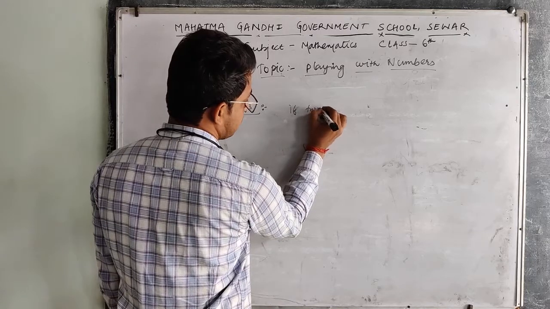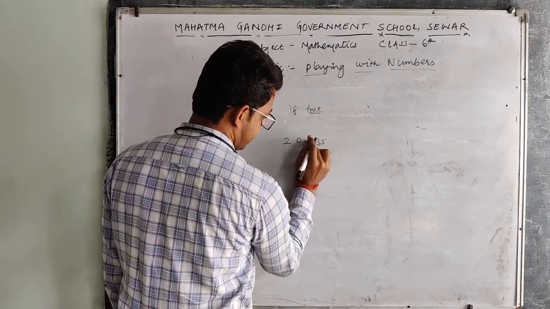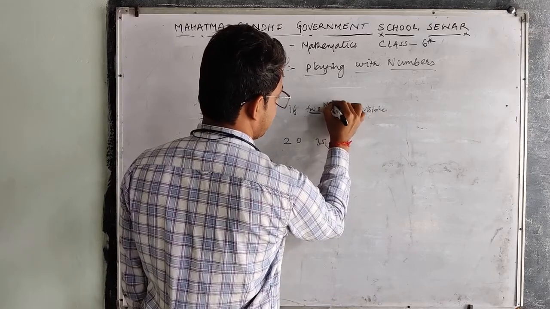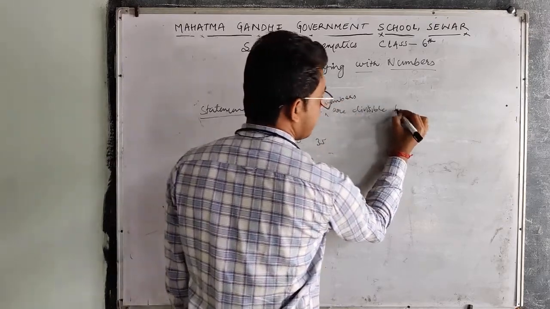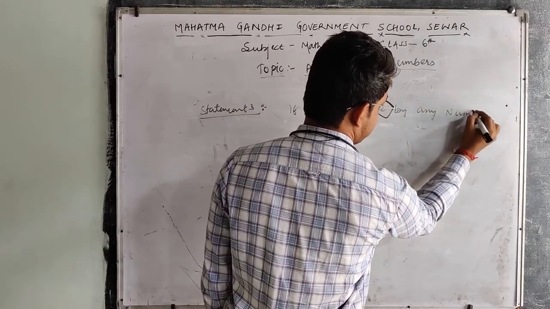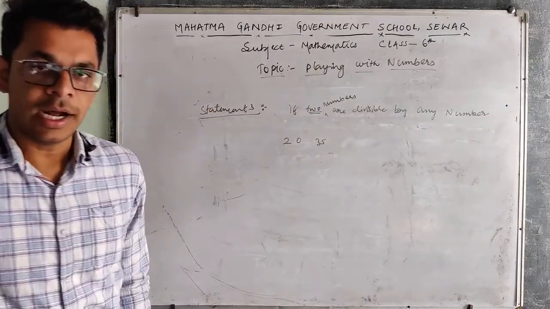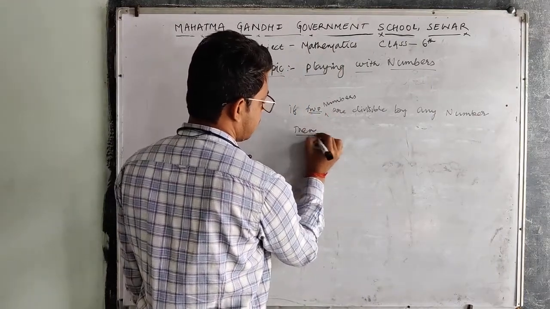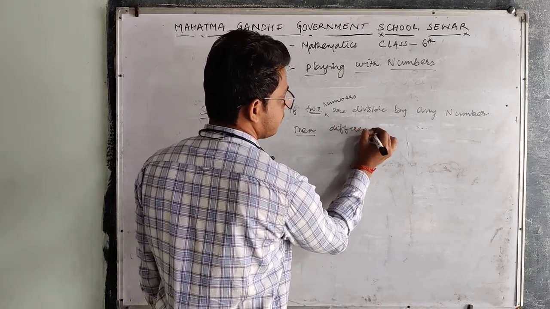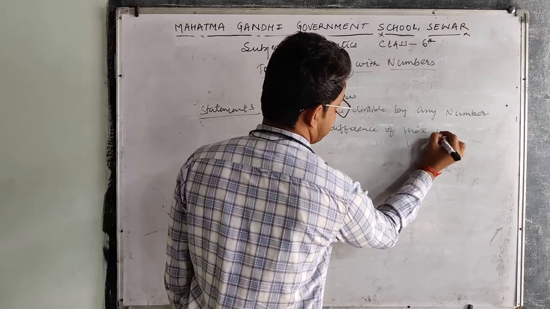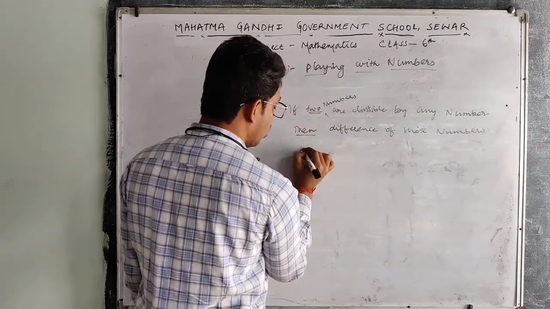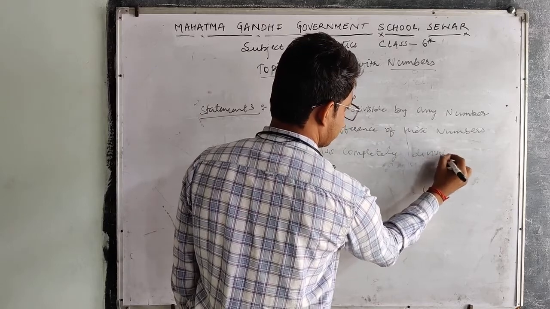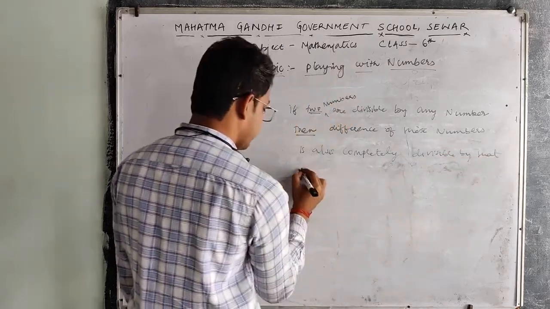If two numbers, I write 20 or 35, are divisible by any number, then the difference of these numbers is also completely divisible by that number.